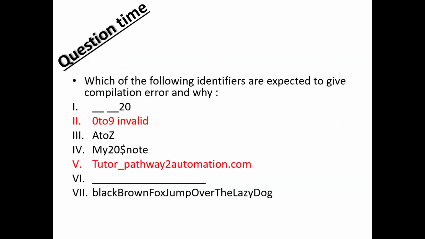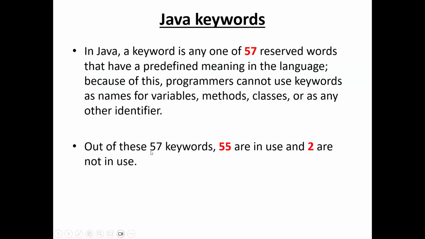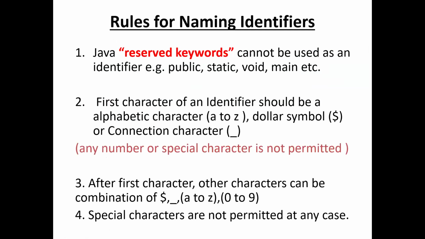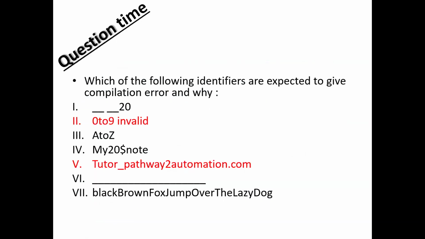So the first character is a capital letter, an alphabetic character. After the first character, other characters can be a combination of dollar symbol and underscore, and the dollar symbol is allowed. So it's valid. Tutor underscore pathway, number 5, is it valid or invalid?